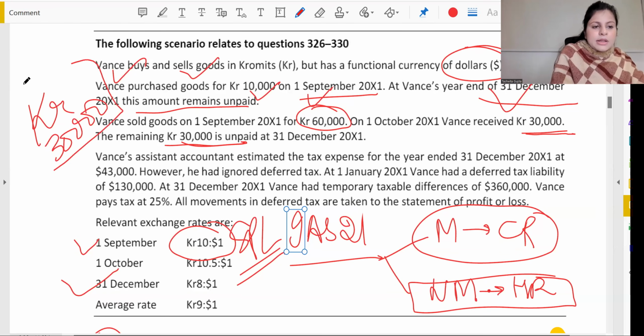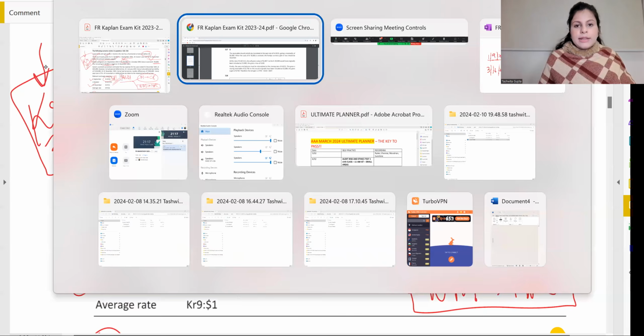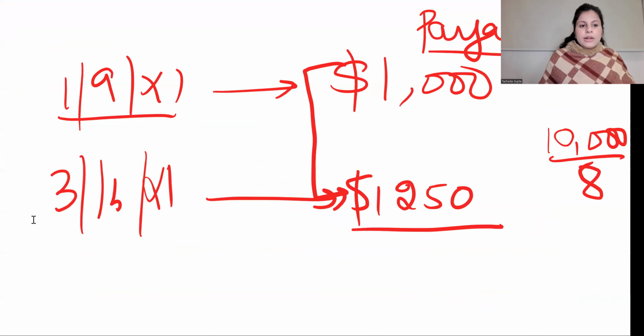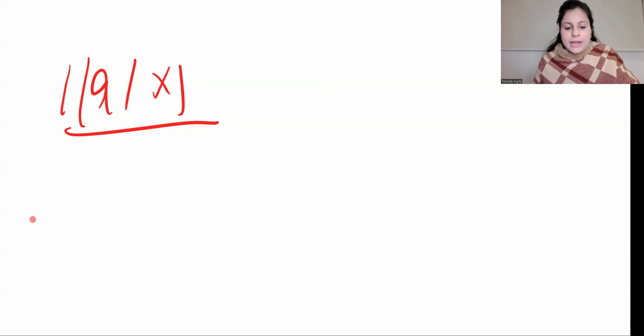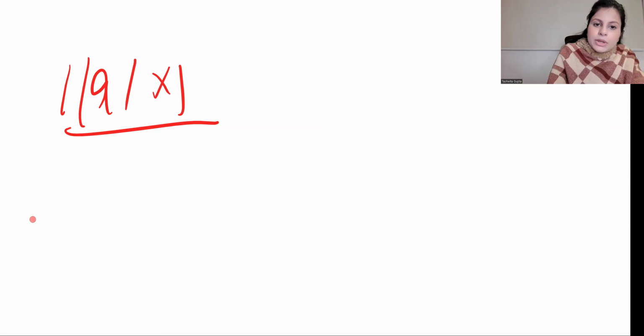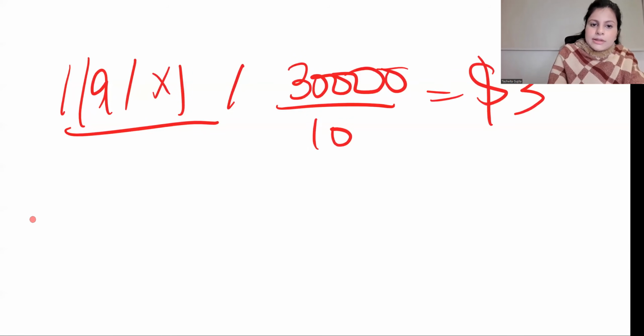Yes. So I need to calculate my foreign exchange gain or loss on this because it's a monetary item. So I will say, okay, this 30,000 on the date of 1st September 2001, what was my exchange rate? My exchange rate was $1 is equal to 10 Cromits. So it was 30,000 divided by 10, which is $3,000.